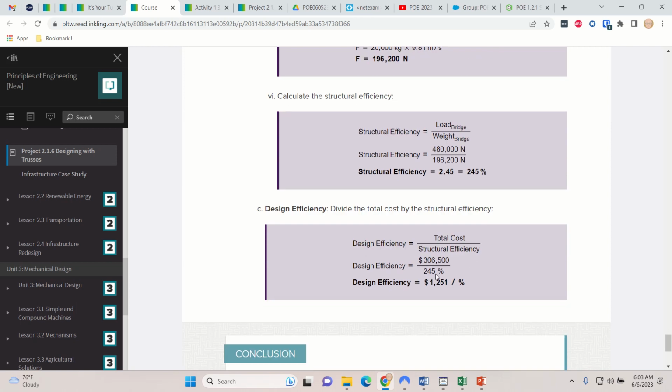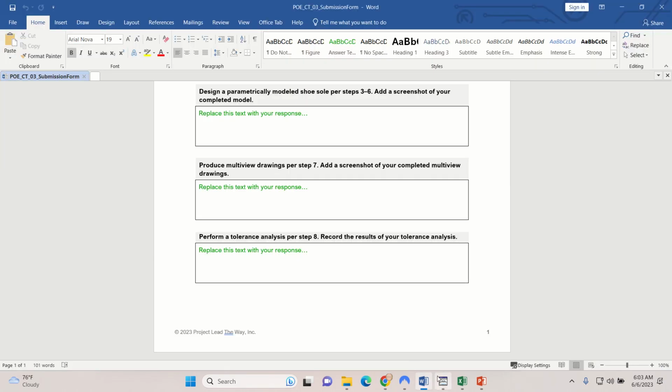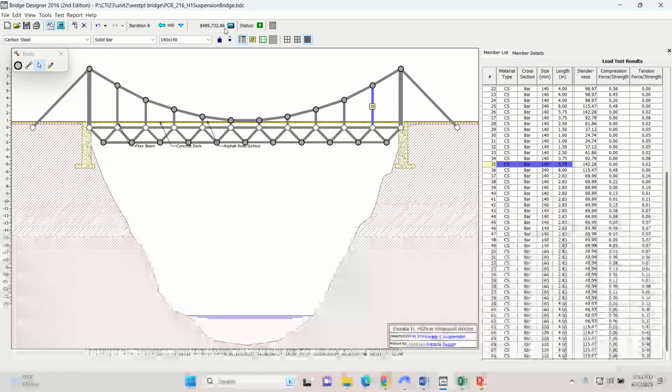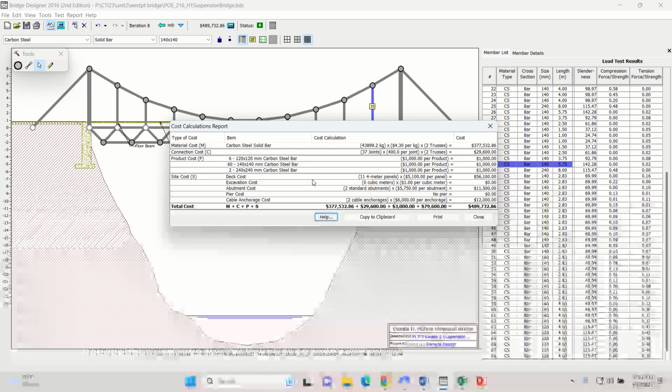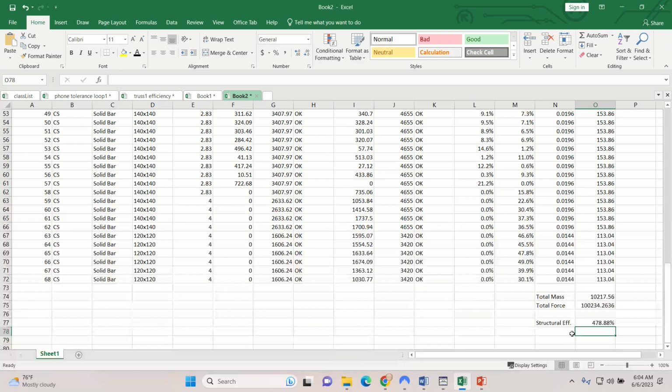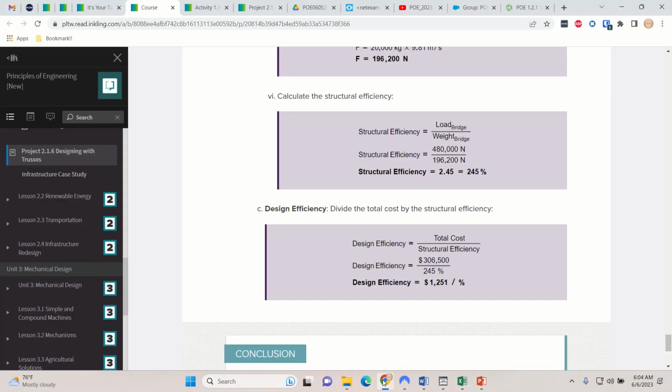Then the design efficiency is the cost divided by it. My cost was 489,732. Equals 489,732 divided by my load percentage, correct?